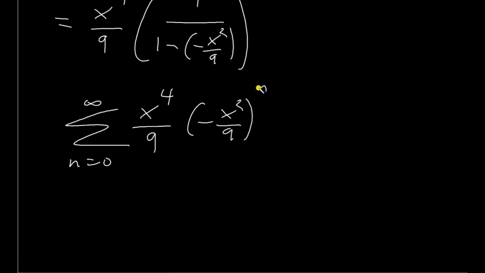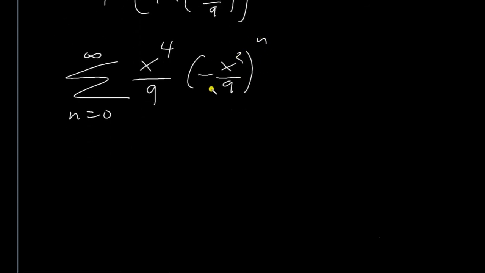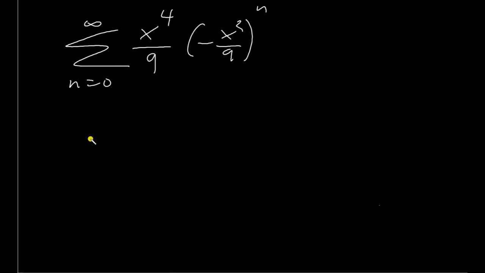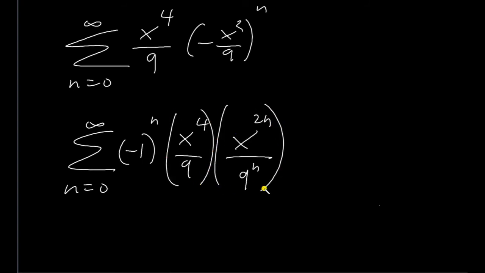So what I'll do first is expand the exponent here, and I'll bring the n into the x squared, into the 9, and to the negative here. So if I do that, the negative and the n will bring us a -1 to the n in the front. So we'll have the x to the 4th over 9, and then we'll have x to the 2n over 9 to the n. I can separate these if that's better.